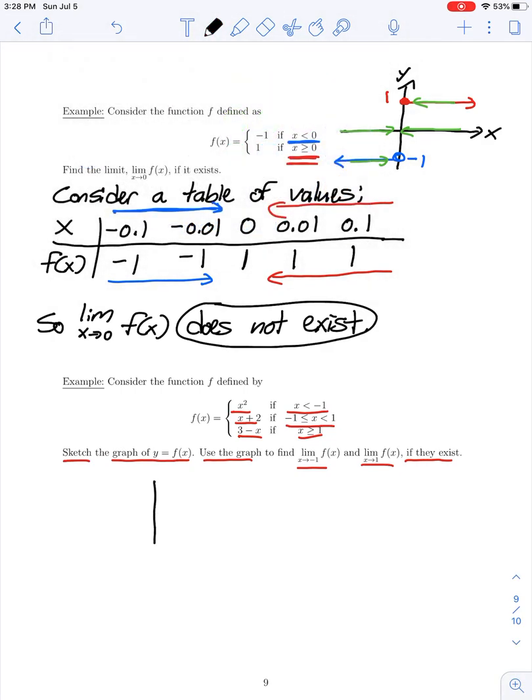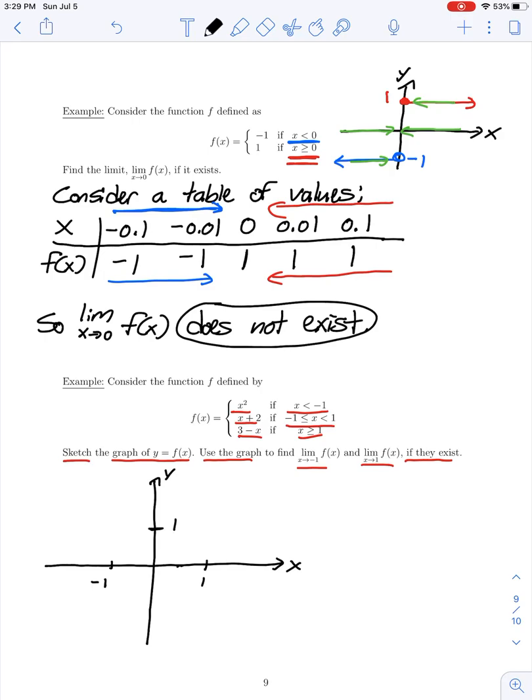So let's see if we can sketch the graph of this function. In the xy plane, we have a function which is first defined as x squared if x is to the left of negative 1. Let's see what happens as we're getting closer to negative 1. We have a graph which looks like the graph of x squared.